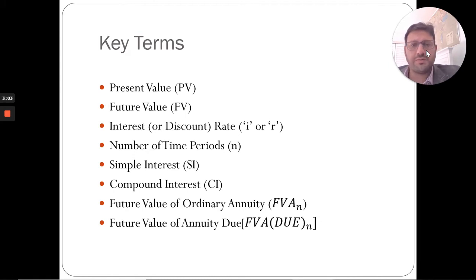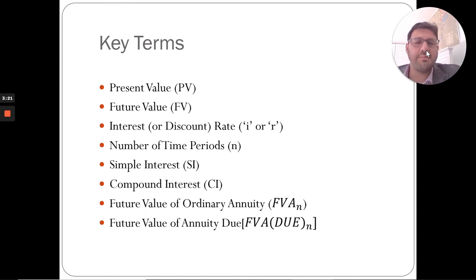Future value of the ordinary annuity is the annuity where the payments happen at the end of a specific period. So if the annuity is monthly and you are paying $400 after every month, then because it's at the end of the period, it's an ordinary annuity.